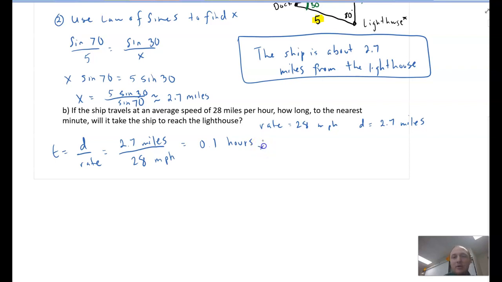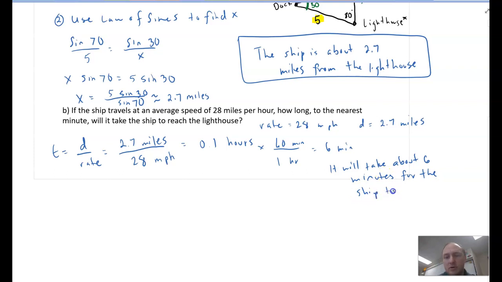But I don't want hours, I want minutes, so I convert from 1 hour to 60 minutes, and this would equal 6 minutes. So it will take about 6 minutes for the ship to reach the lighthouse.